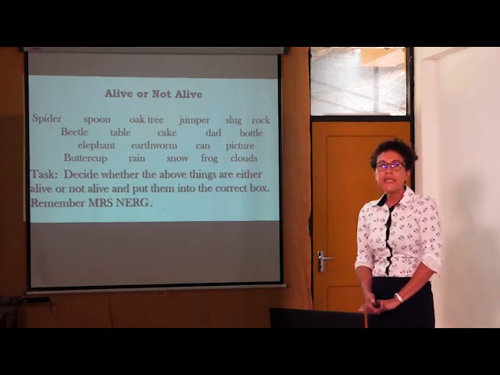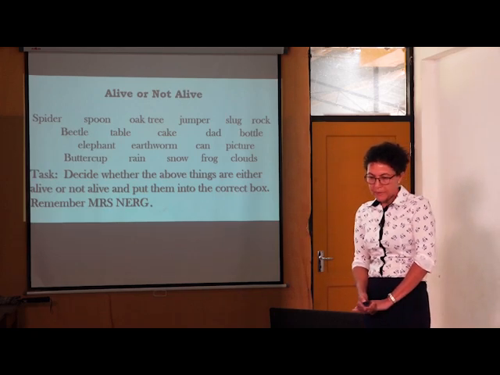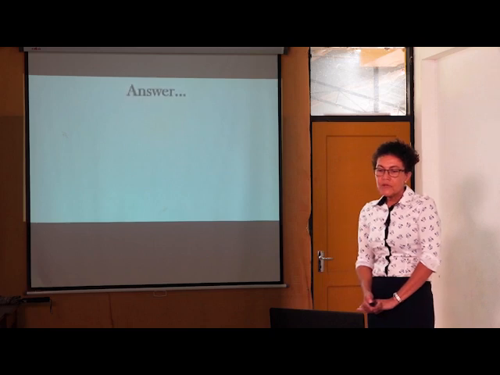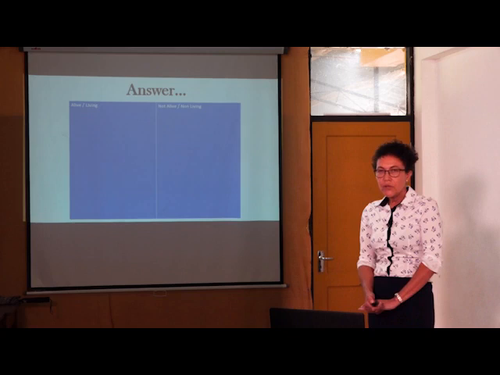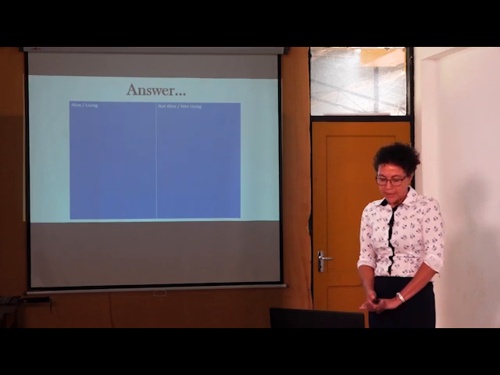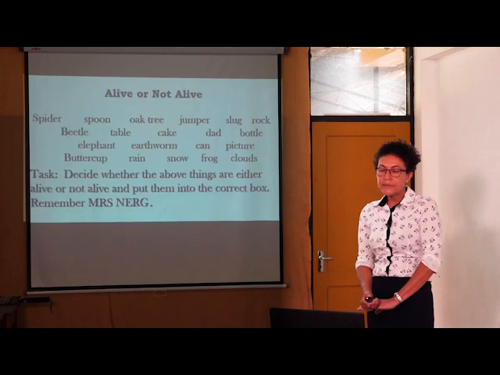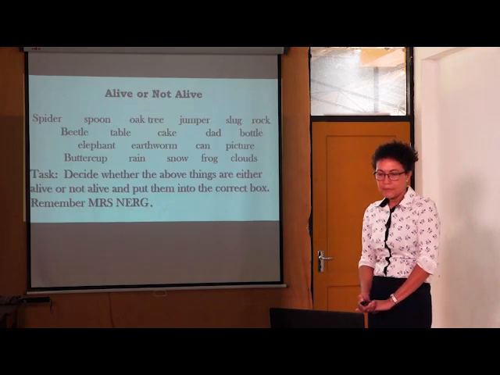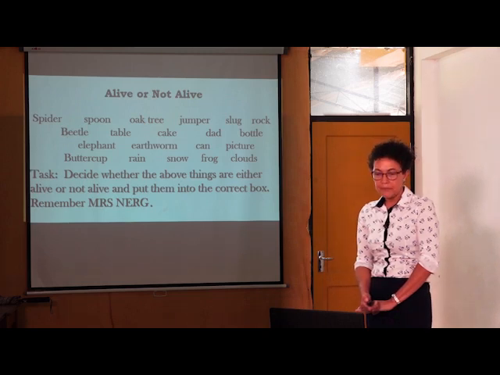And while you are doing it, remember Mrs. Nerg. So, on a piece of paper, you will draw your table like this one here. I think you have already drawn your table. So, we will go back to our list. Spider. Where will you put spider? Spoon.